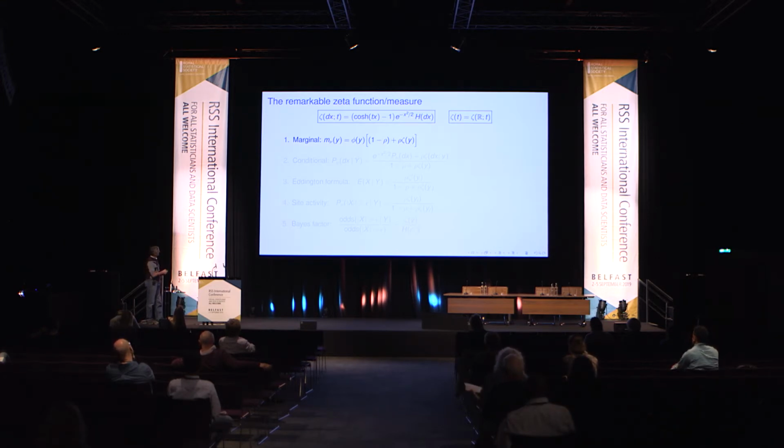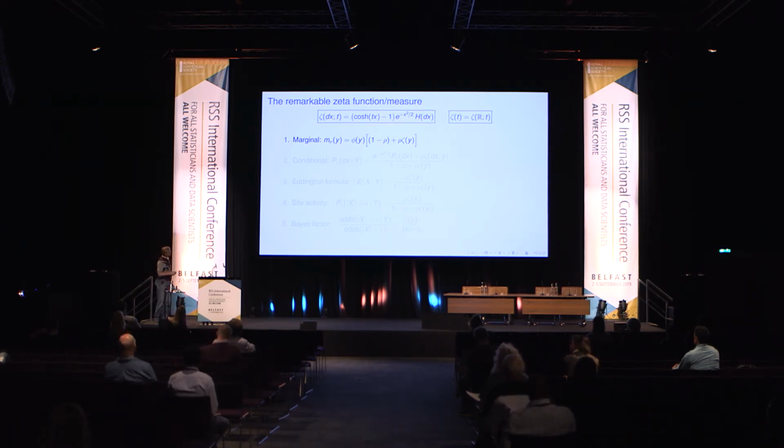And the main thing here is that the marginal distribution is always a mixture. It has 1 minus the rate times the Gaussian plus rho times this product, Gaussian times the zeta function. And one of the things that's remarkable about this zeta transform is that this product, phi times rho, is exactly a probability density, always.